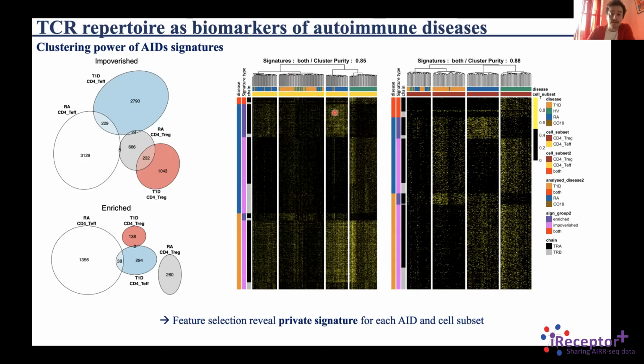And we observe for both cell subsets that all signatures allow us to have a good clustering purity, with 85 and 88 for the regulatory T cell. So overall, we observe that all feature selection and all signatures are private for each autoimmune disease and each cell subset.